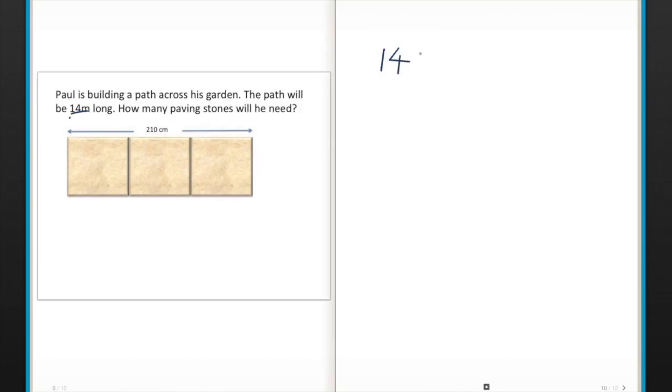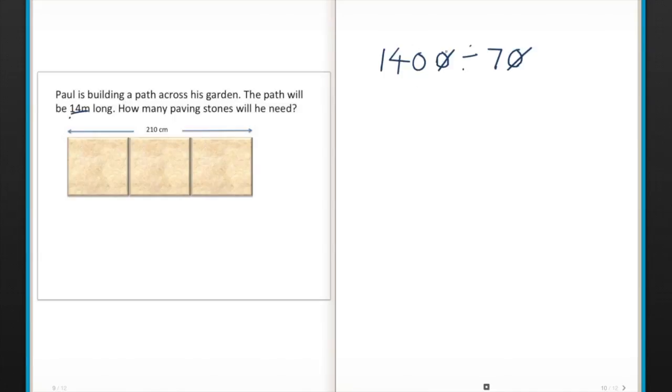1400 divided by 70. Now that's the same as saying 140 divided by 7. Just check that. Say I had 10 divided by 2, that gives me 5. If I have 100 divided by 20, that gives me 5.